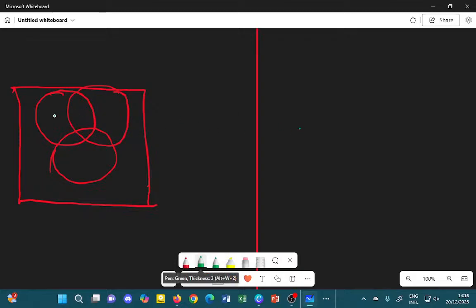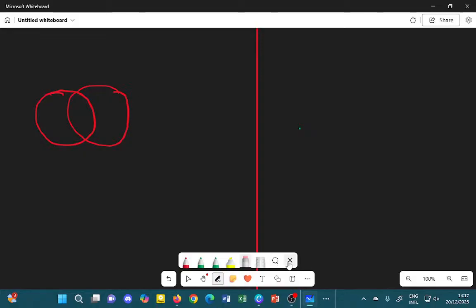So what I'll be having here is, it should not overlap as such. There shouldn't be an overlap. I don't want overlaps, they look ugly. Let me just redo this.